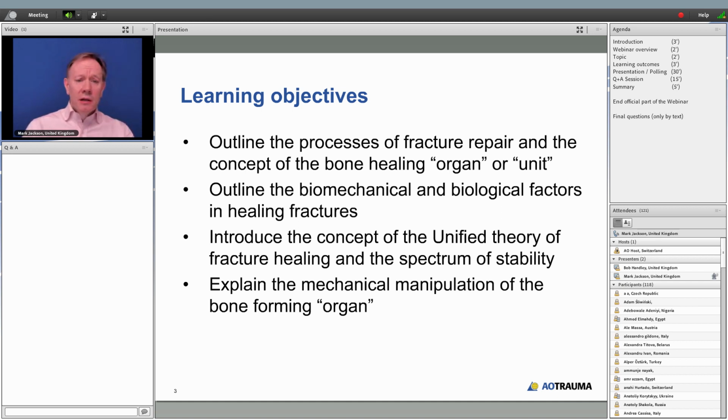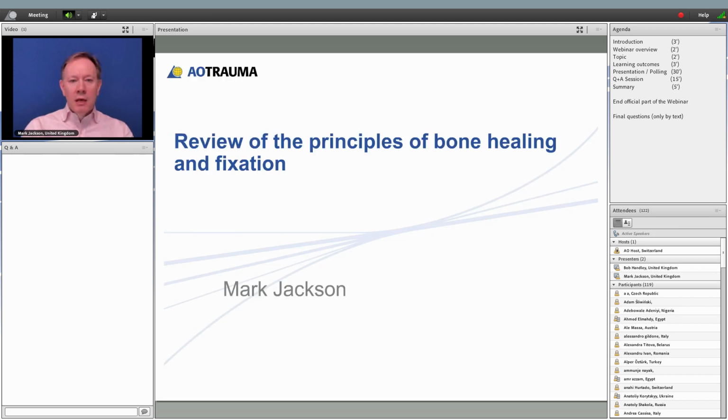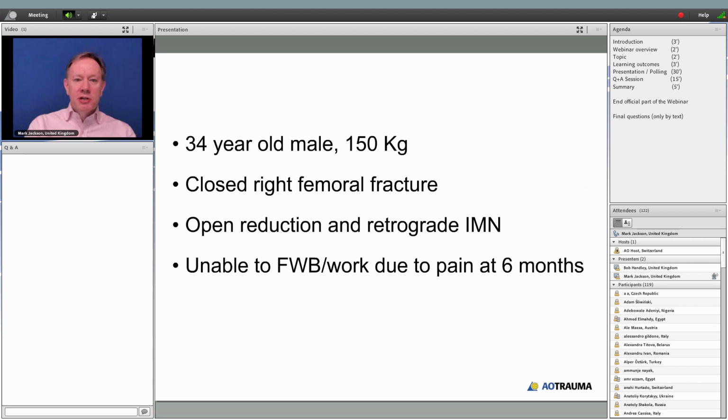We'll also look at the biomechanical and biological factors in healing fractures. We'll introduce the concept of the unified theory of fracture healing and explain how we can use that to mechanically manipulate the bone forming organ. So we're going to review the principles of bone healing and fixation.